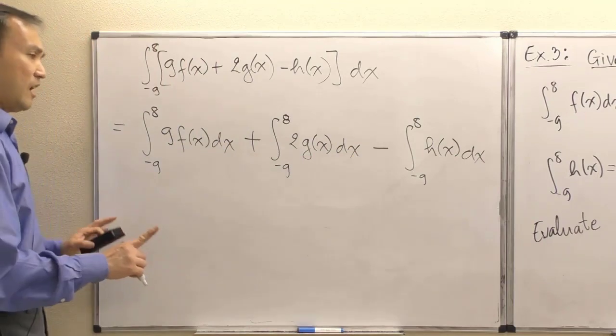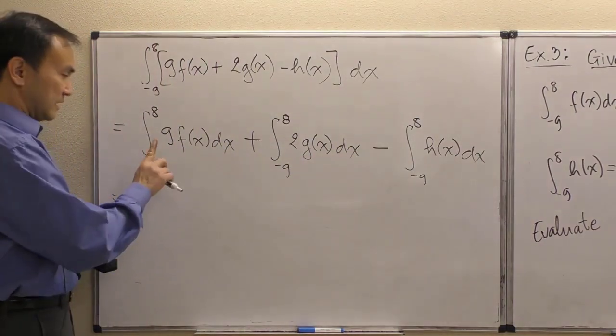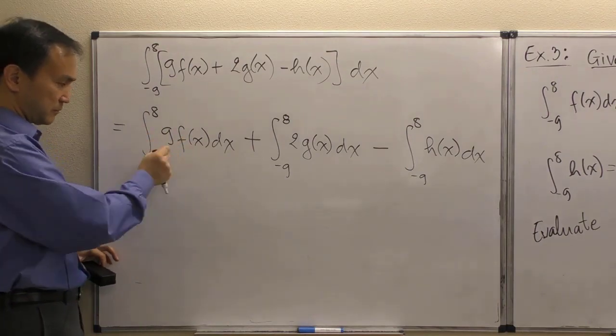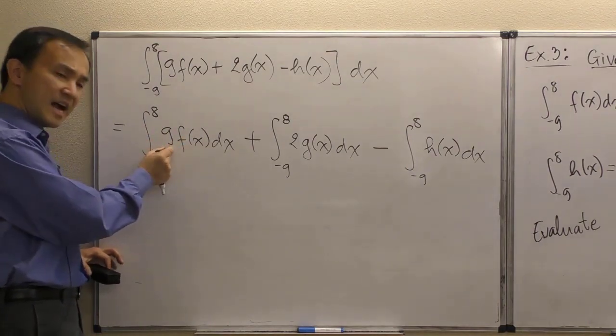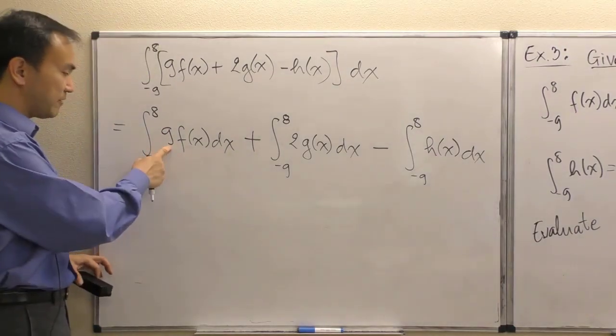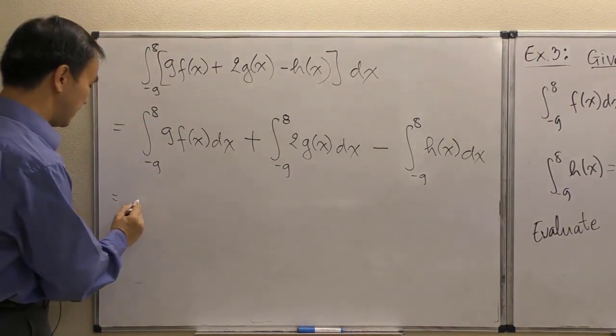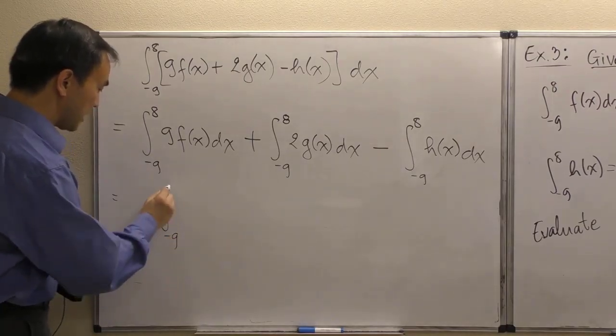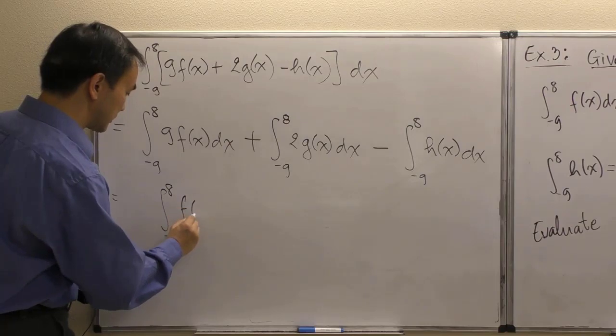Okay, and now looking even further, this first integral is of a function f of x, but f of x here has a coefficient 9 in front. We also had a property where we can keep the 9 in front of the integral. So we only need to know the definite integral from minus 9 to 8 of that individual function f of x.